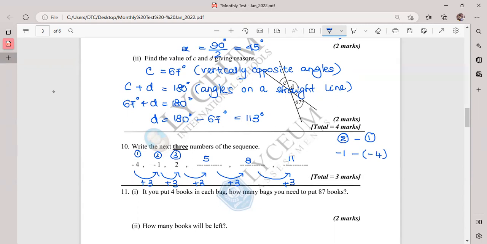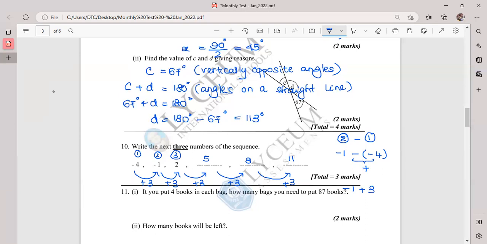What is the second term, children? It is -1. What is the first term? It is -4. And you want to deduct the first term value from the second term value. Second term value is -1. From that you deduct -4. Then what happened? So then the negative and negative, it becomes positive. Then you have -1 and positive 3.